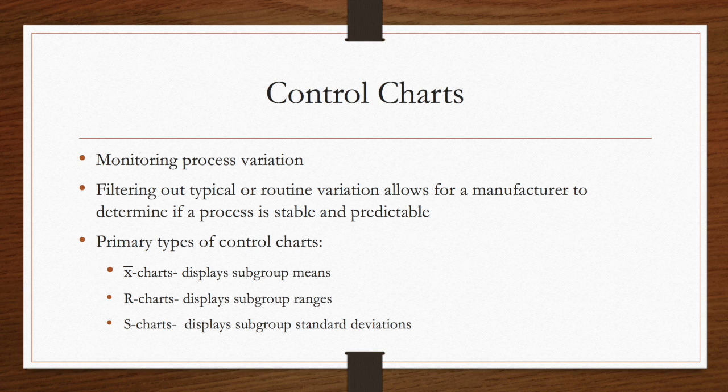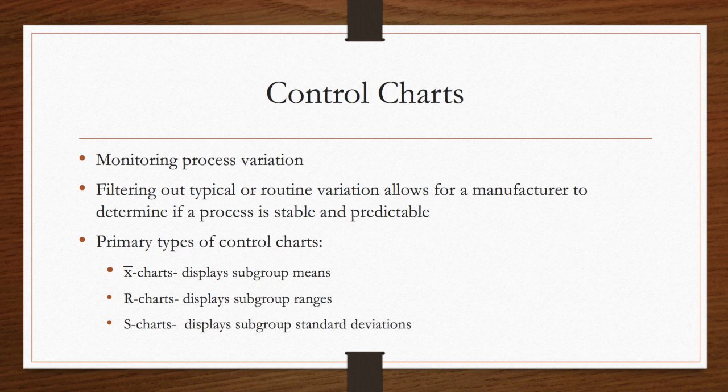There are three primary types of control charts, these being the X bar chart, which displays the means of each subgroup, the R chart that displays the range of the subgroups, and the S chart that displays the standard deviations of the subgroups. If the R chart displays that the process is out of control, then the X bar chart will be extremely out of control.